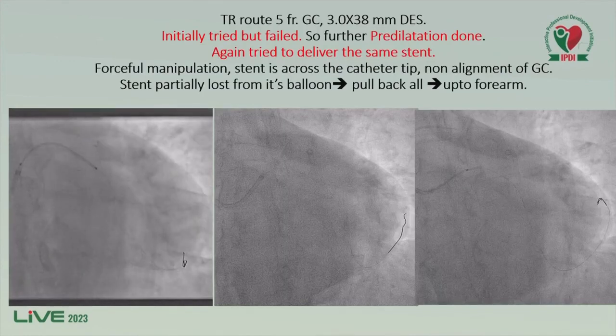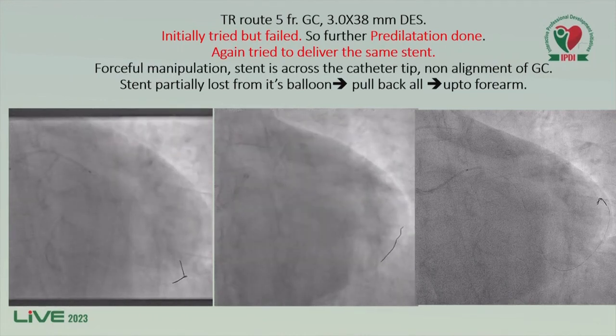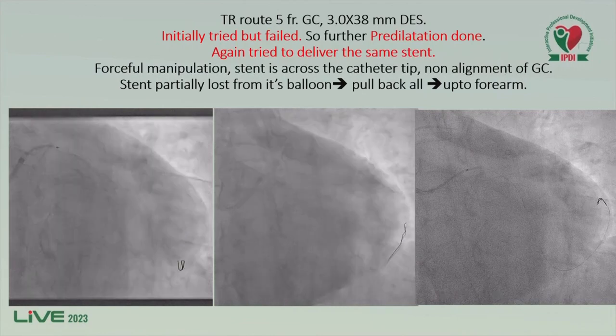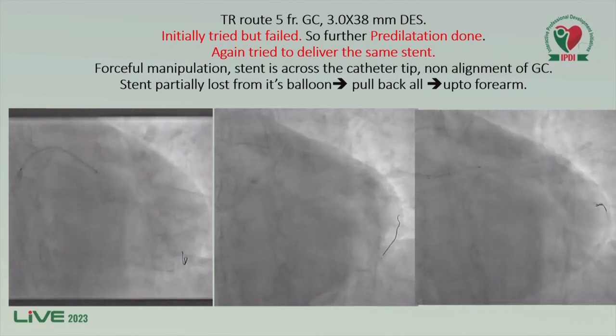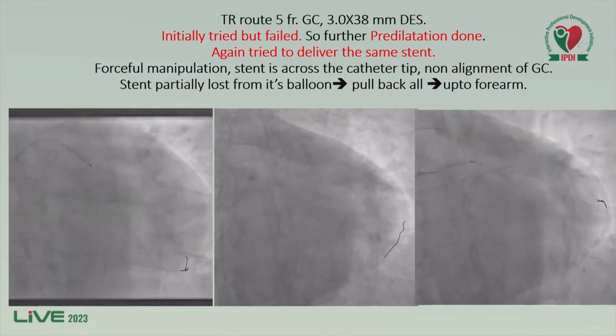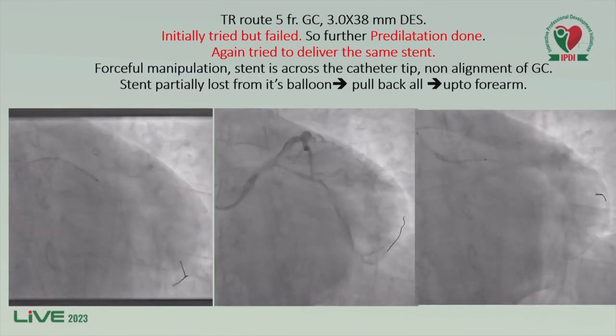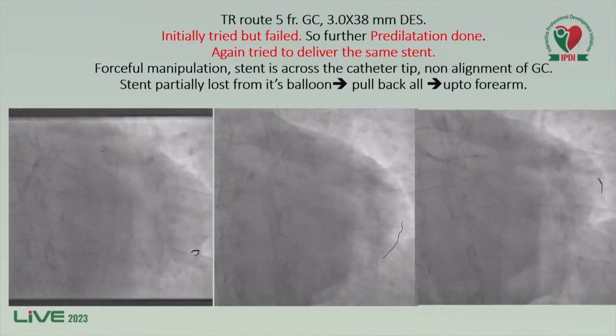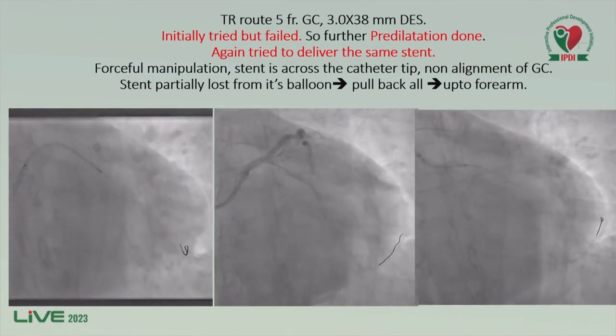A long stent, 38 millimeters, was used. Initially it did not cross the lesion, so pre-dilatation was done again and we tried again with the same stent. At this time you see there is a lot of handling of the stent and catheter. You see the stent is across the tip of the catheter.